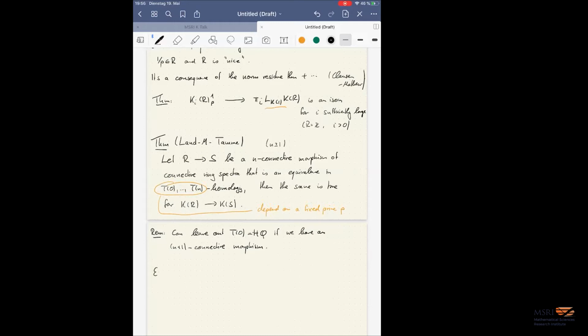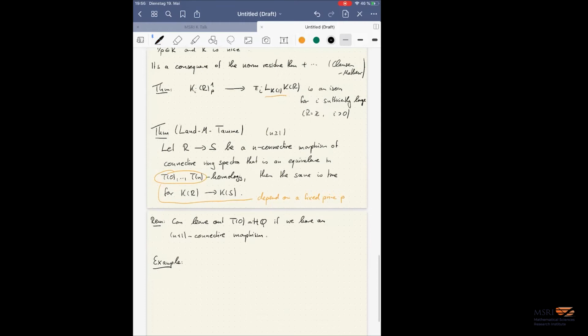So let's do an example. In some sense, this is coming back to exactly the confusion I just wanted to avoid. Namely, say you want to understand the K-theory of Morava K-theory.